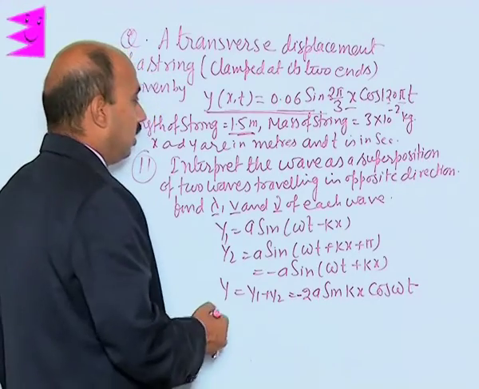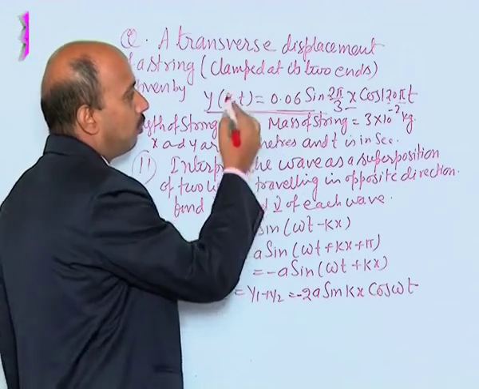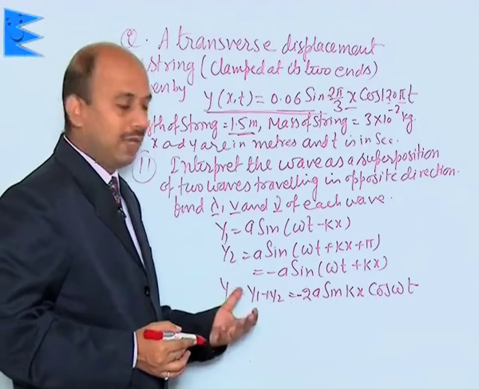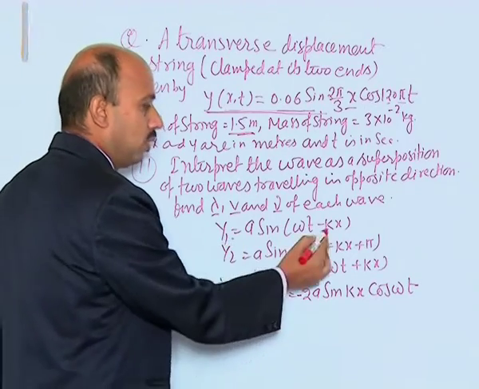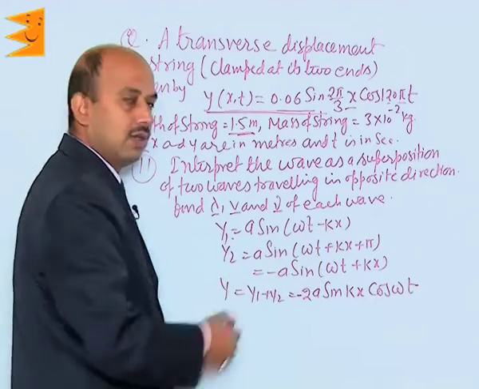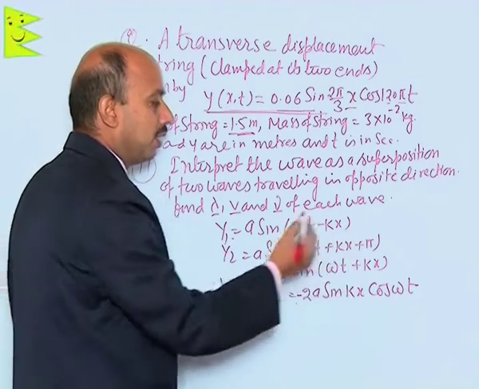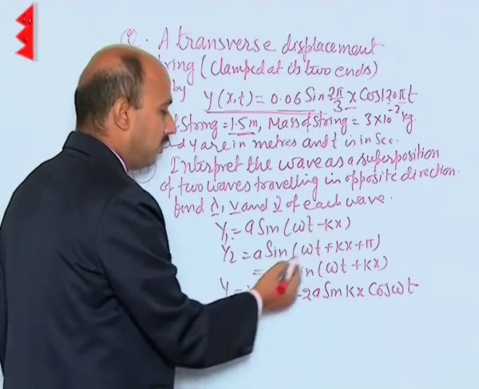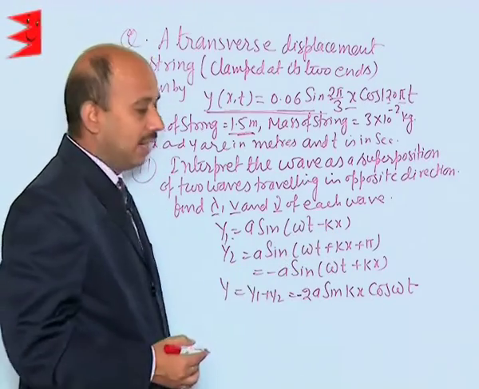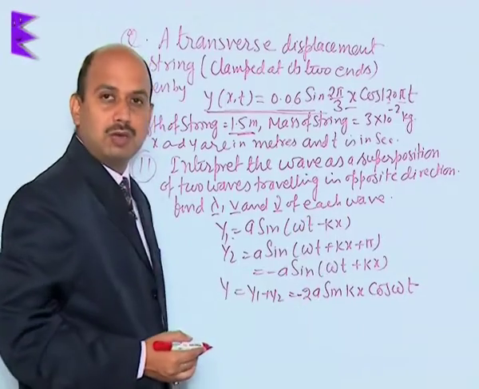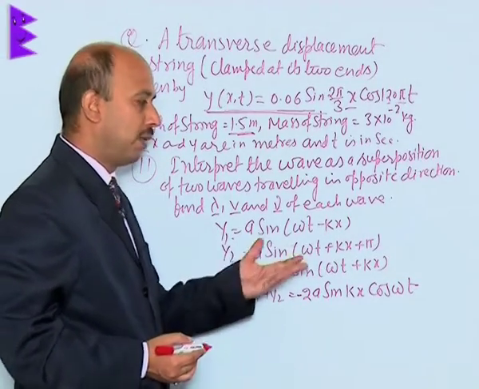So, see here, to show that this is obtained after superposition of the two waves, we can take y1 = a sin(ωt − kx) and y2 = a sin(ωt + kx + π), because this is the incident wave, this is the reflected wave and the reflection takes place at the rigid boundary. So, there is a phase reversal of π.